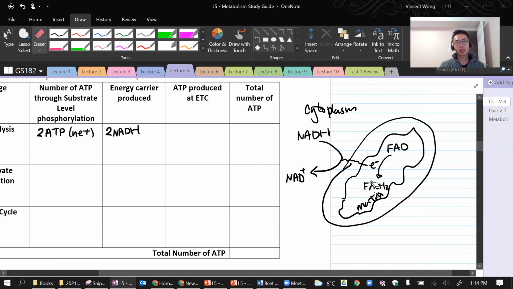So the NADH does not go in, and it gives the electron to the FAD. So the NADH produced here is actually going to become 2 FADH2. You lose a little bit of energy in this transfer. That's why it cannot be a NAD to an NAD, right? It's a NAD to a FAD.